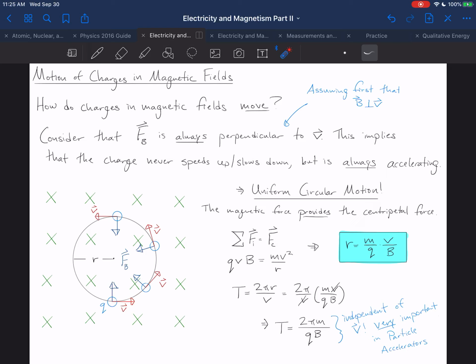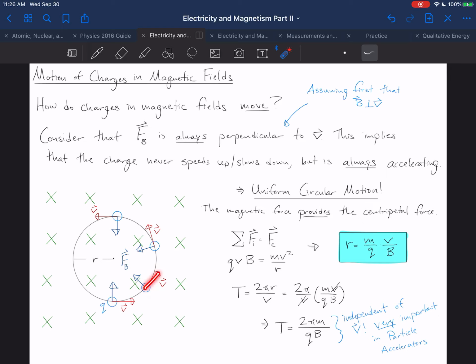What happens a short time later? Well, this charge, unlike the wire, isn't just going to continue on in this direction. It feels this force upwards, and so it moves just a little bit up. But now its velocity is no longer to the right. Its velocity is now in this direction.